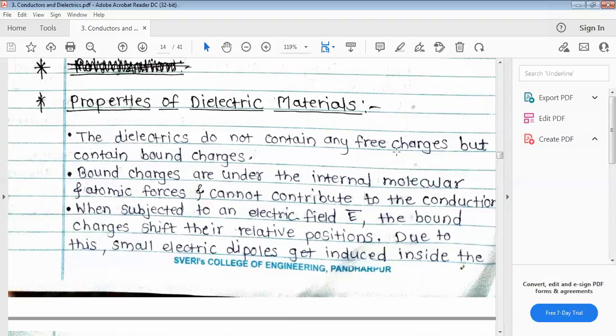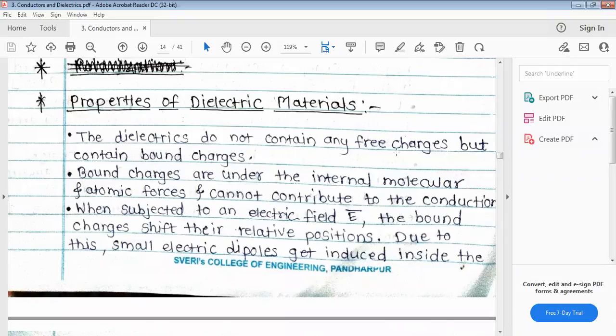These bound charges are under internal molecular and atomic forces and cannot contribute to conduction. They are bound, and the atomic forces do not let them separate. That's why no conduction process is there.